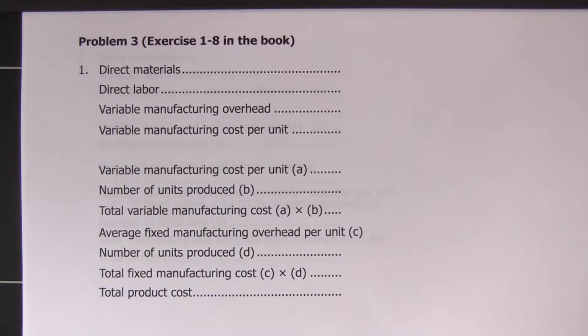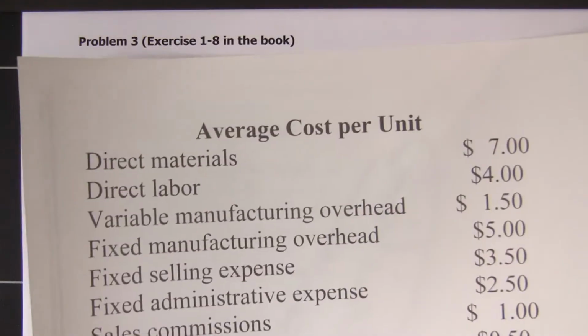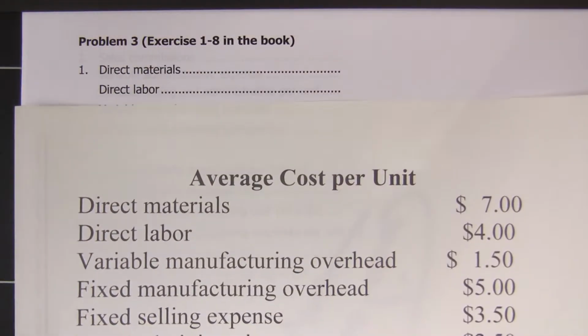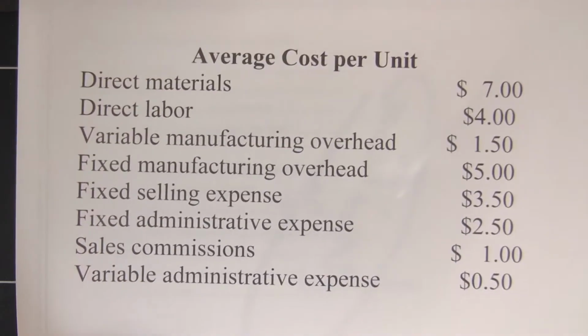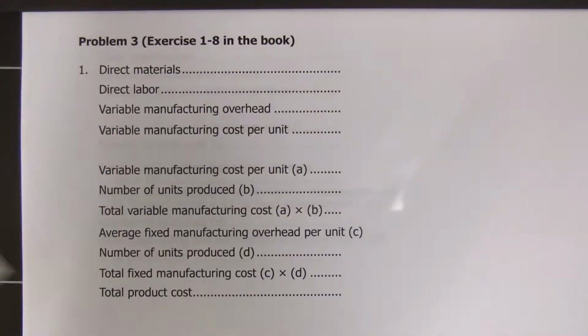So, first part of this question, it says, what is the total amount of product cost incurred to make 20,000 units? So, we're going to need to go down this list and pick the pieces we need. I'm going to be referring back to this list, but I can't show it to you while I'm writing in the blanks. So our direct materials are $7.